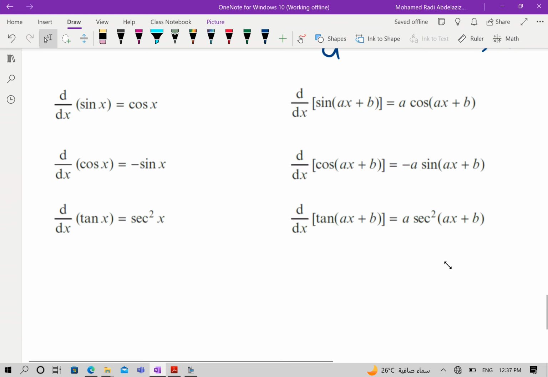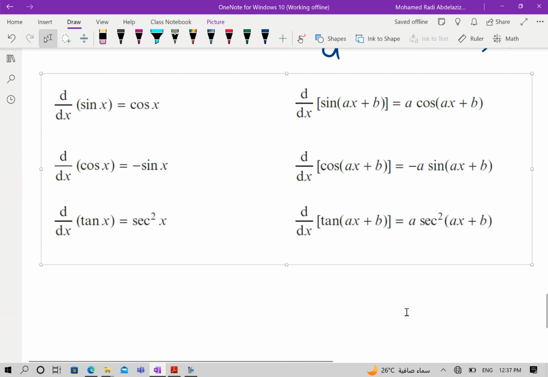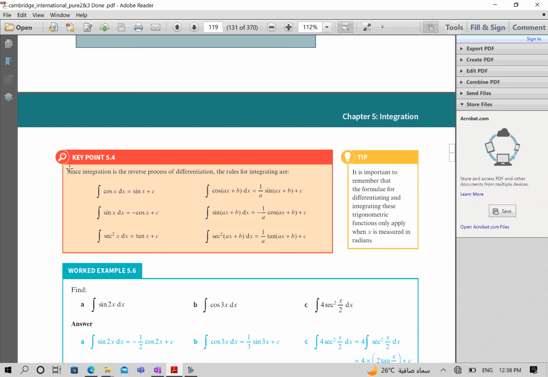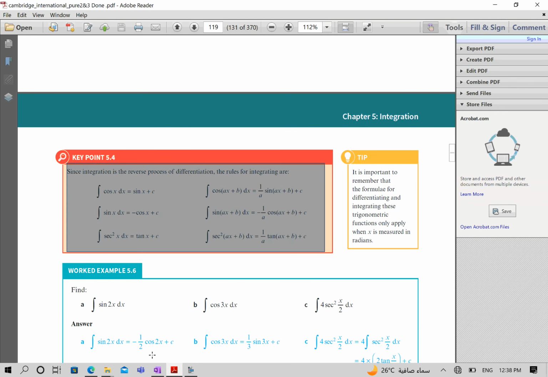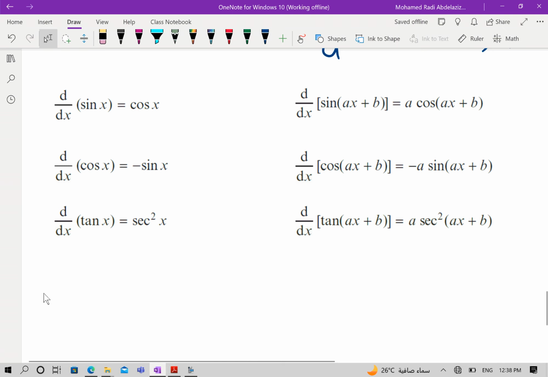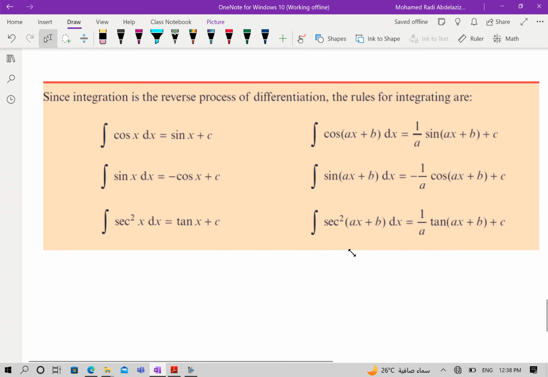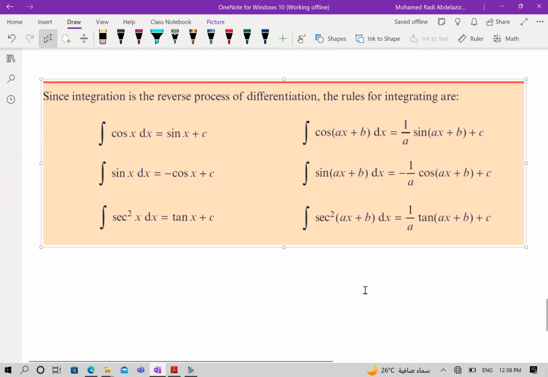Integrate sine. The derivative of sine is cosine, but when I ask to integrate, it will be negative. Now we'll write integration, if there is a coefficient and if there is not.